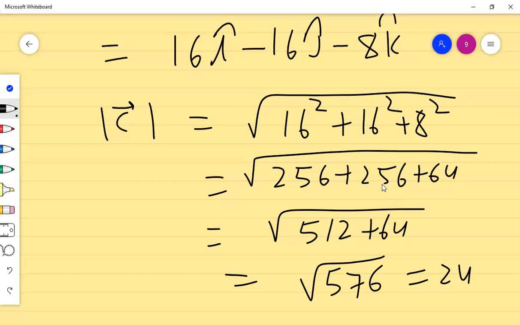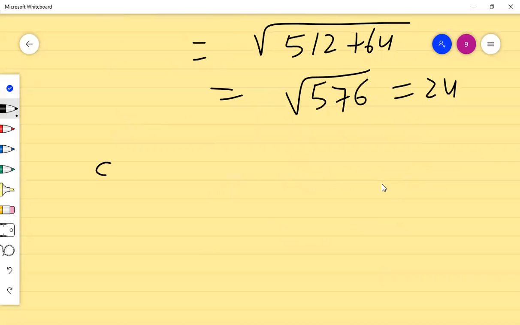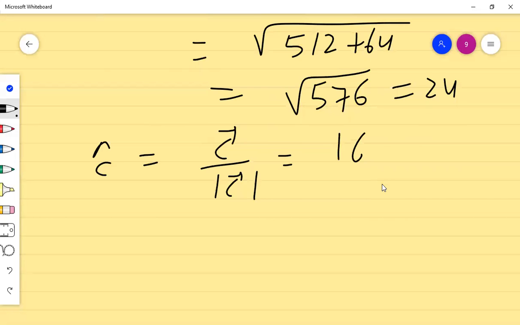So we have a vector perpendicular to A plus B and A minus B. The unit vector perpendicular to A plus B and A minus B will be C upon magnitude of C, which is 16 i cap minus 16 j cap plus 8 k cap over the magnitude.